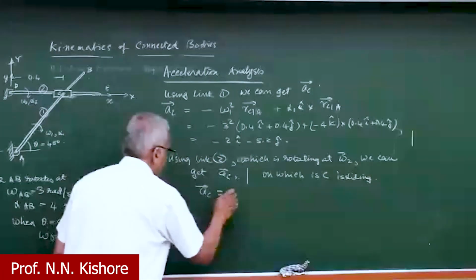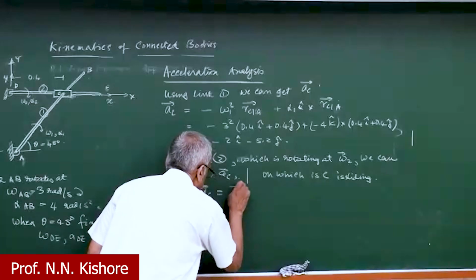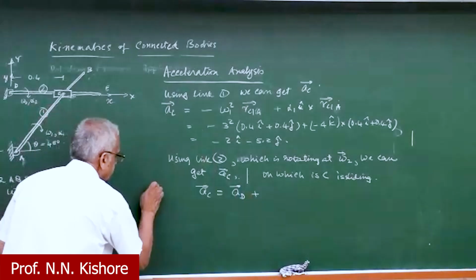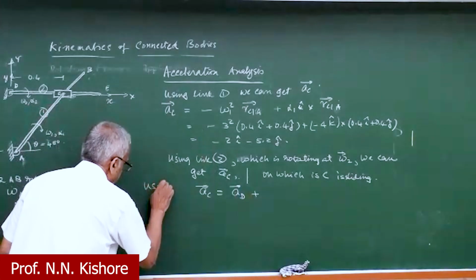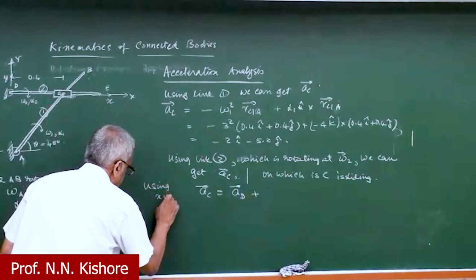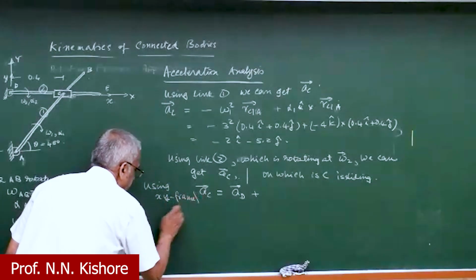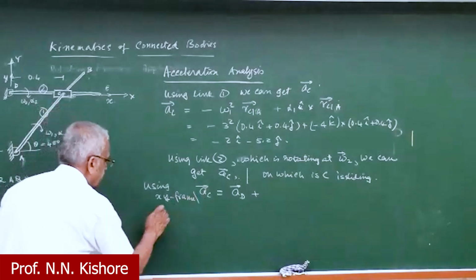So we can get it now. So this is the acceleration of D, because this is the origin, right, of the xy frame. So I can write it using the xy frame attached to the link.